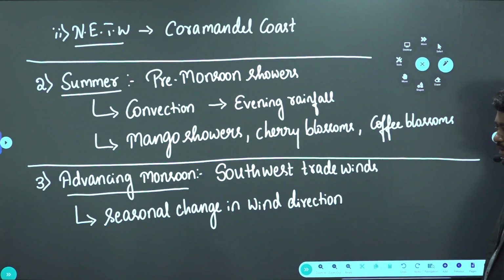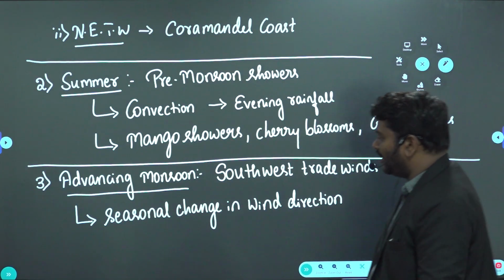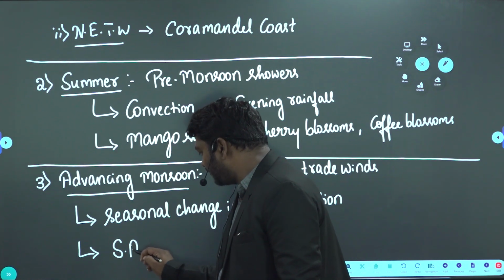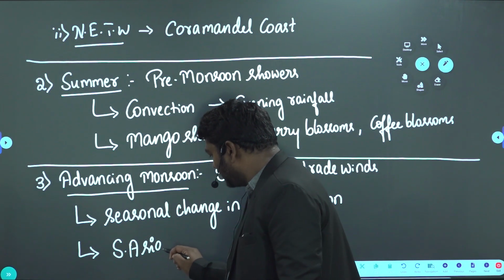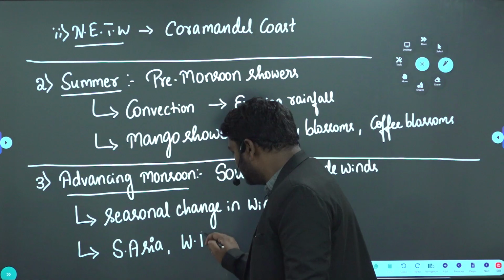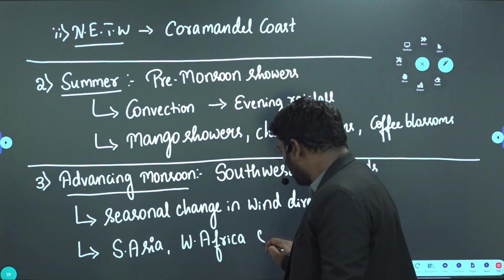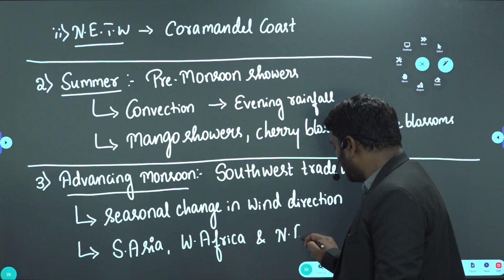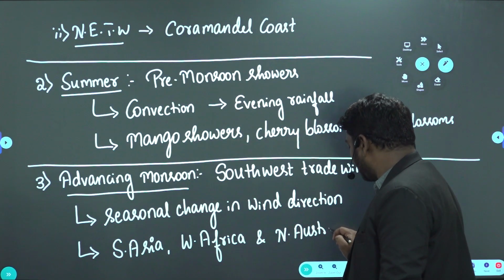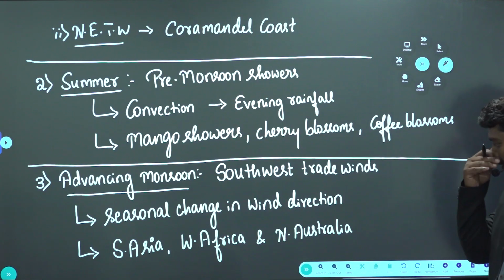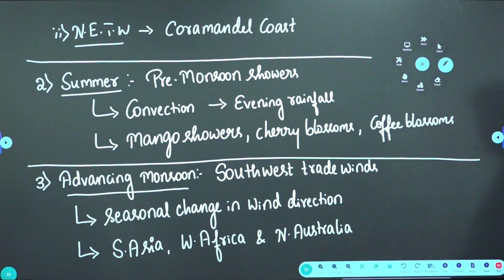Is this climate available only in India? Apart from South Asia, this climate is observed in Western Africa and Northern Australia. Okay, please understand this. Not only India, monsoon climate is found in other areas as well.